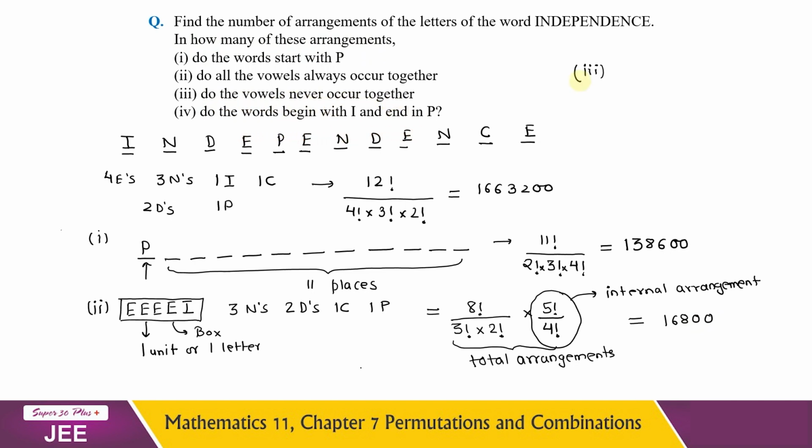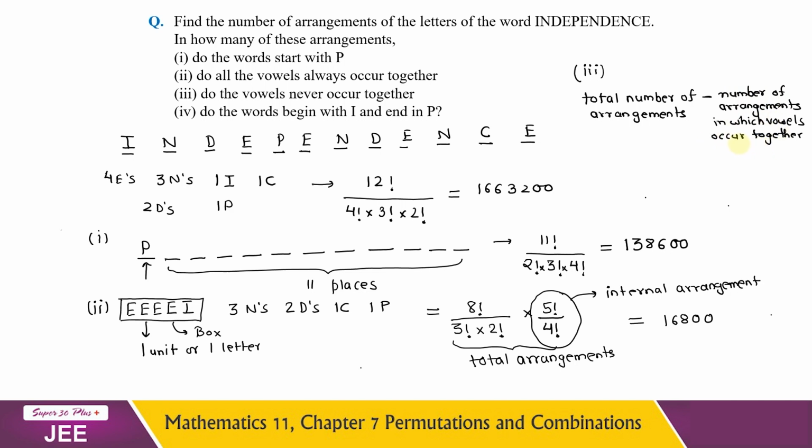Now since we want vowels to never occur together, what I am going to do is calculate the total number of arrangements, and out of these total arrangements, we are going to subtract the number of arrangements in which vowels occur together.